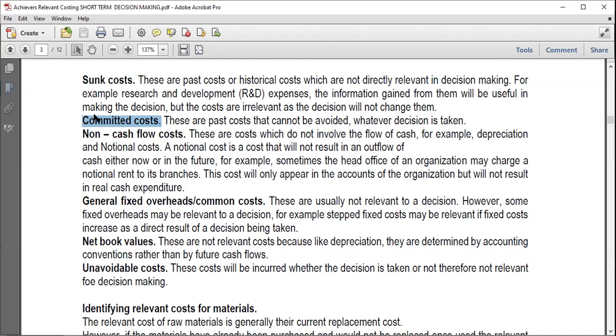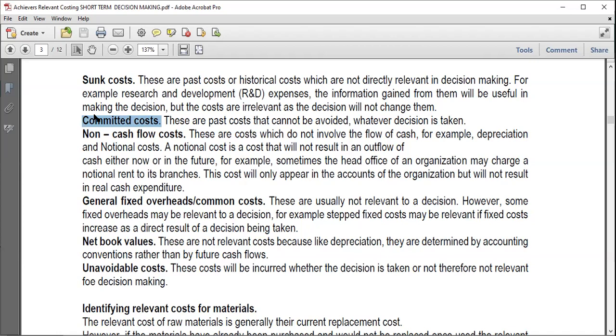You already committed yourself by signing that contract. So that is where committed comes from. It could be a contract you already signed, or an advance payment you gave. It means that whether you take the decision or not, that cost still needs to be paid. You understand?